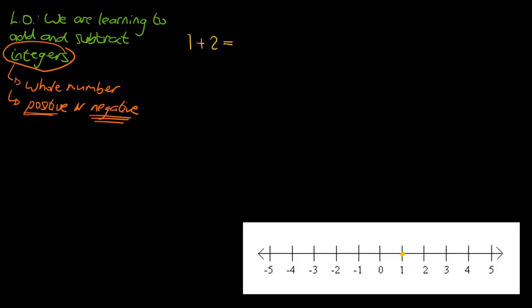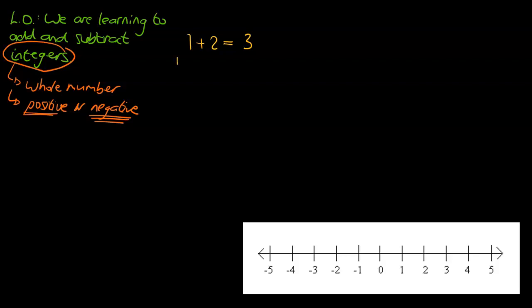So 1 signifies the starting point, and the plus 2 tells us that we're increasing it by 2. So we're going plus 1 plus 2, leaving us at 3. That there would be our answer for that question. But we've actually got a whole bunch of hidden brackets that makes our life a bit easier.